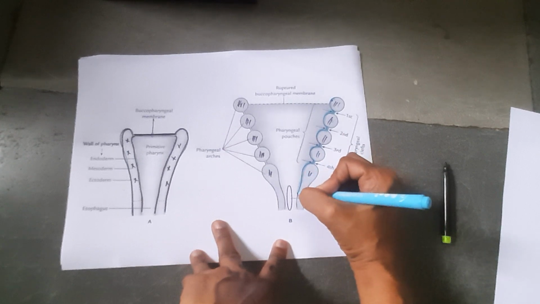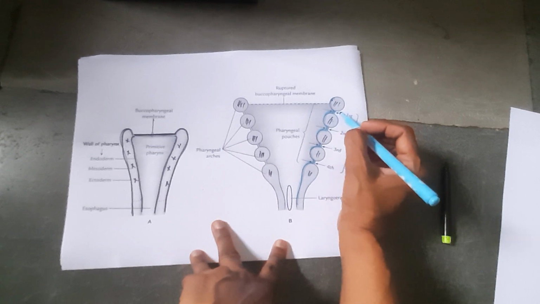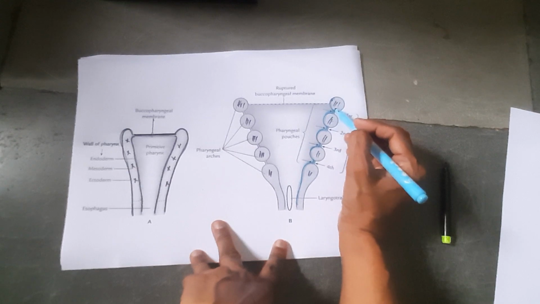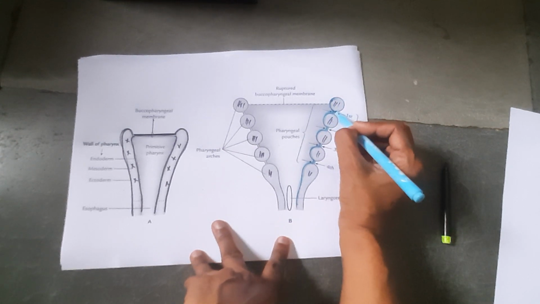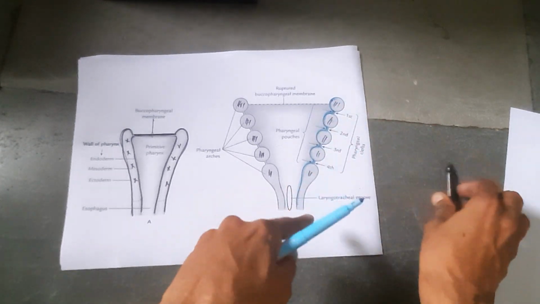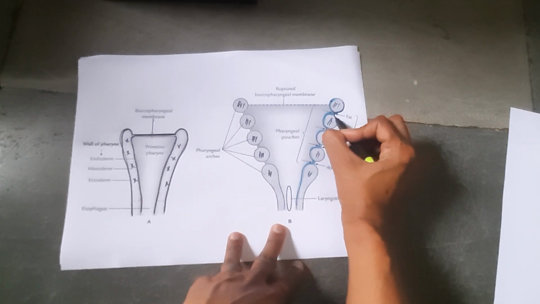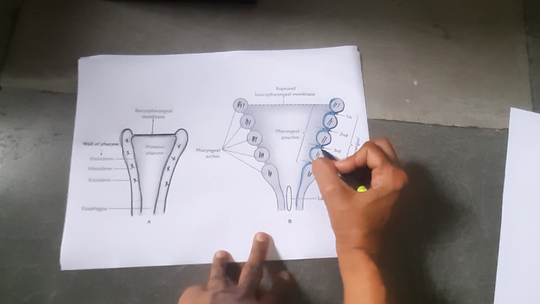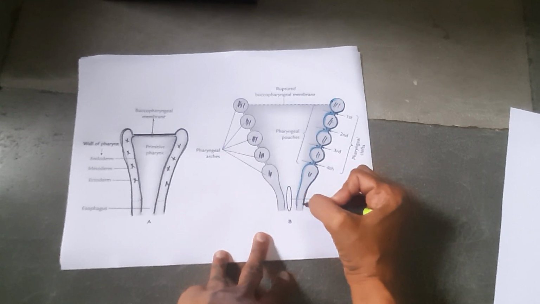Because of these thickenings there is a formation of outpouching of these endodermal linings in between the arches, and there is also inward pouching of the ectodermal lining because of these mesodermal elevations.